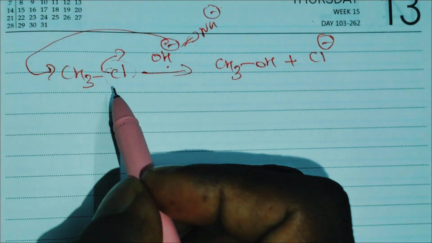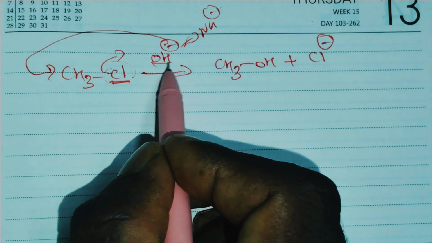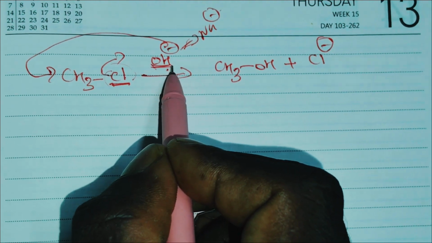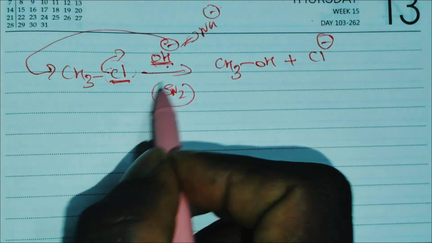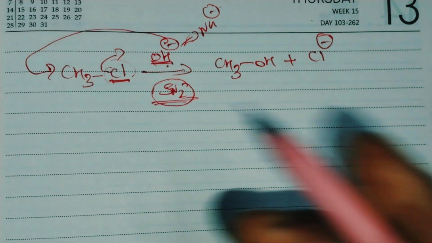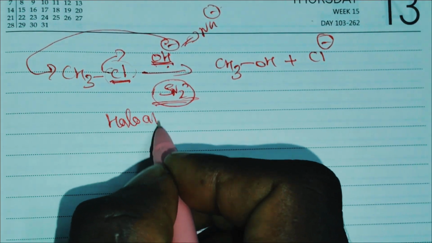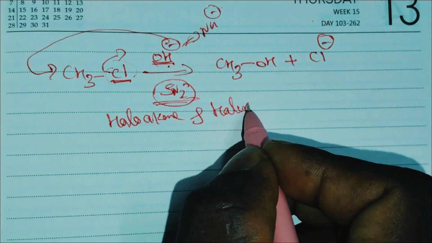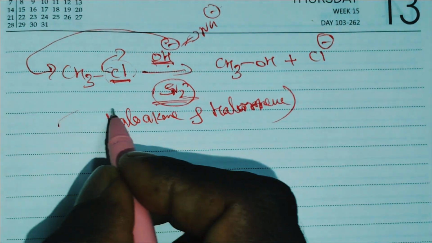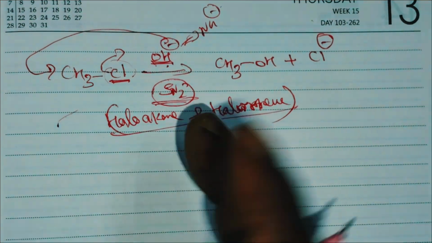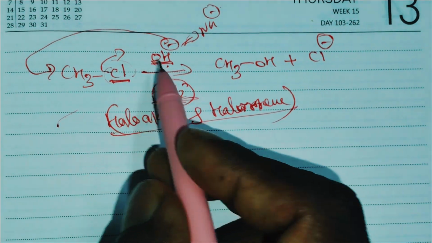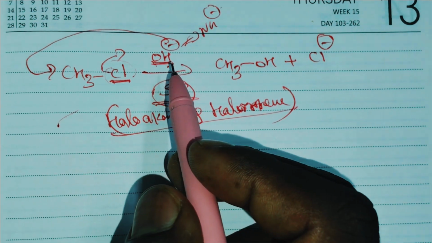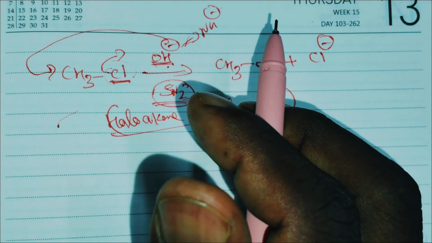Simply, one atom is replaced by the upcoming group, so that is a substitution reaction. This is the SN2 type. We will study SN2 in the haloalkane and haloarene unit in a future video. Simply, one atom or group is replaced by an upcoming atom or group; that is the substitution reaction.